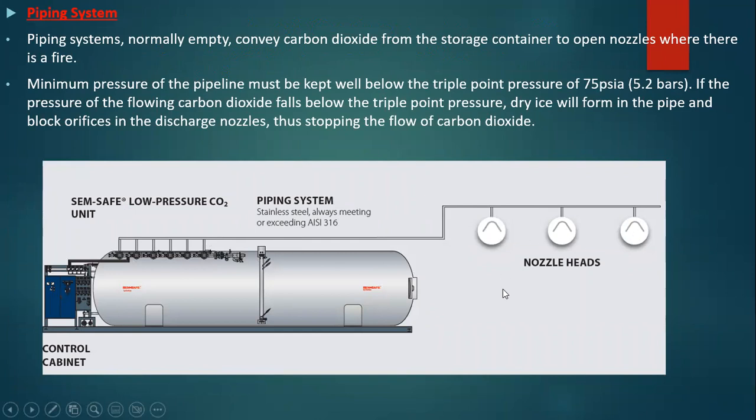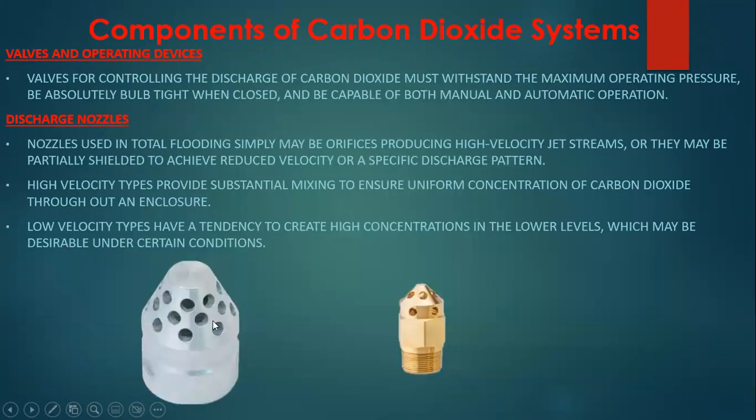Nozzles can be either high velocity nozzles or low velocity nozzles. You can see the orifice size. Based on the orifice size, we can identify whether it provides low velocity or high velocity. Usually this one is used for high velocity nozzles, with high pressure discharge. For low velocity nozzles, the orifices are fewer and the orifice diameter is far greater than in high velocity nozzles.